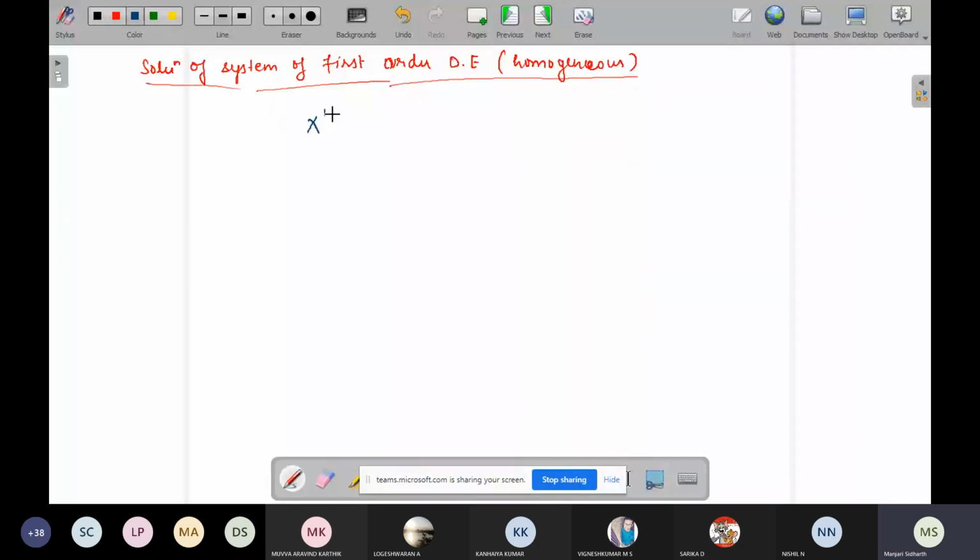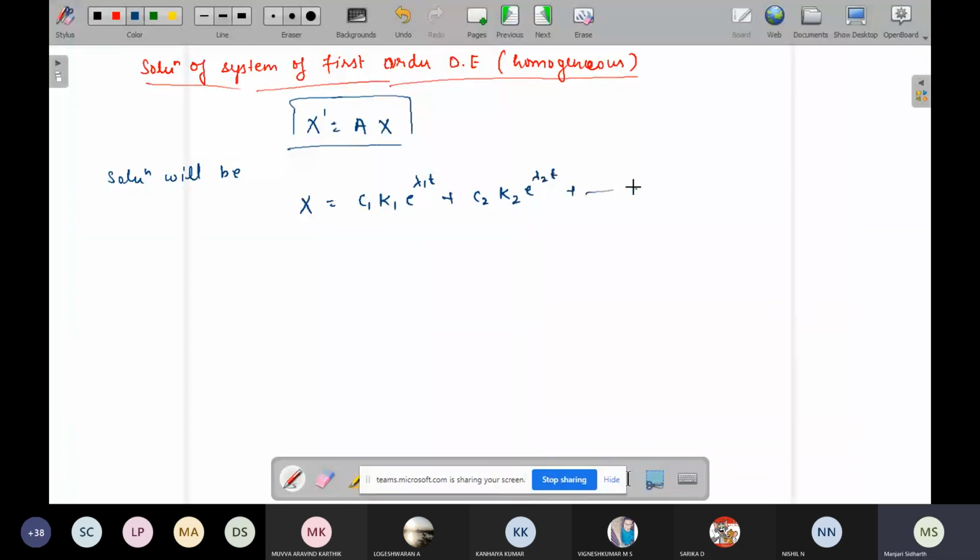Suppose you have x dash is equal to ax form, then the solution will be, we need the value of x, right? x equals c1 k1 e power lambda 1 t, plus c2 k2 e power lambda 2 t, plus up to cn kn e power lambda n t, where lambda 1, lambda 2 to lambda n are the eigenvalues.